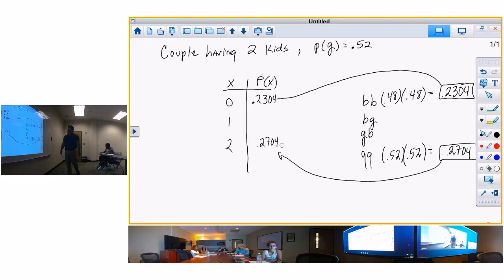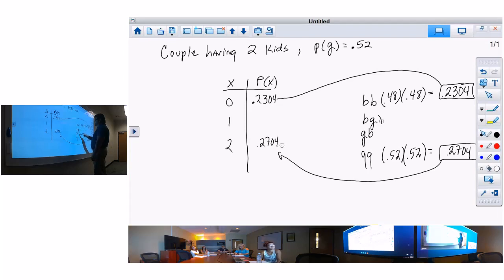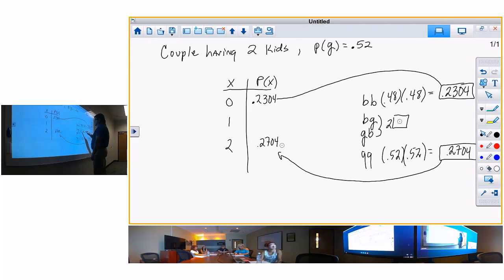So these 2 are going to be 2 times whatever the answer is. What's 0.48 times 0.52? 0.2496, and multiply that by 2. 0.4992, and that goes here.